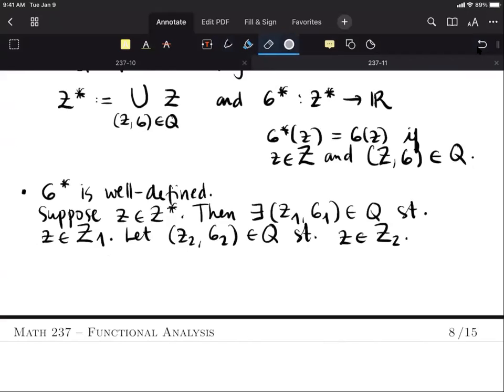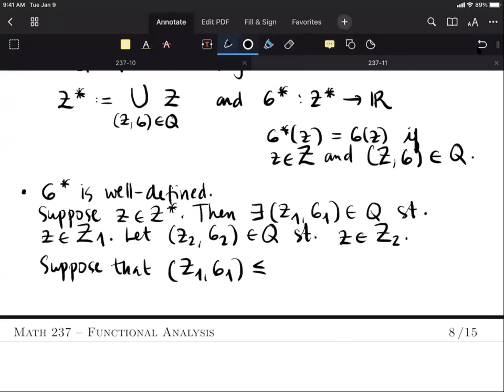So first, let us consider the case where Z1, G1 is less or equal to Z2, G2.